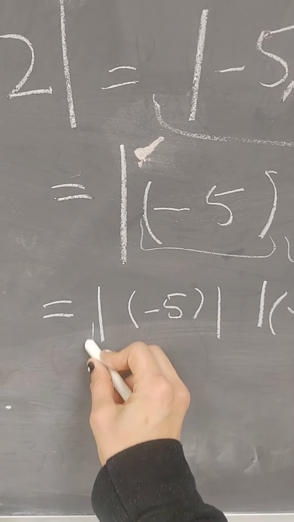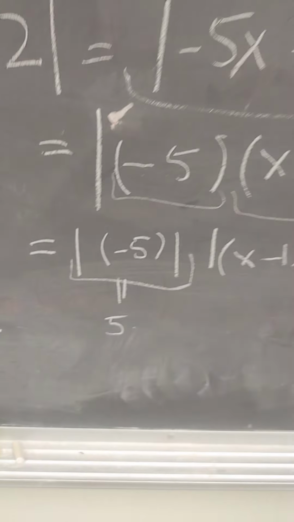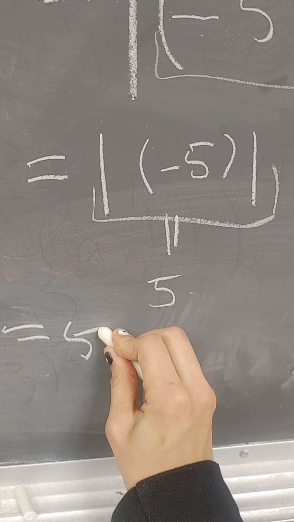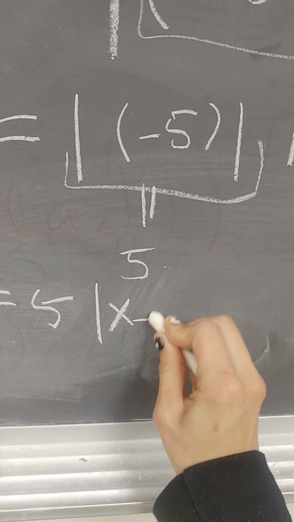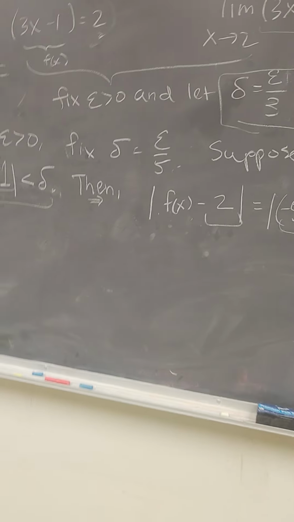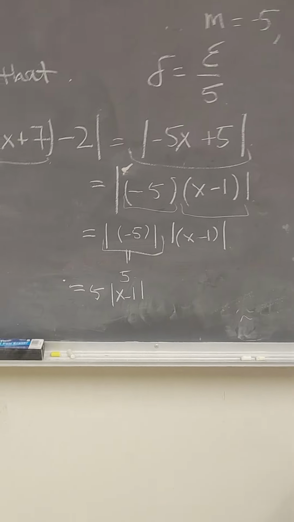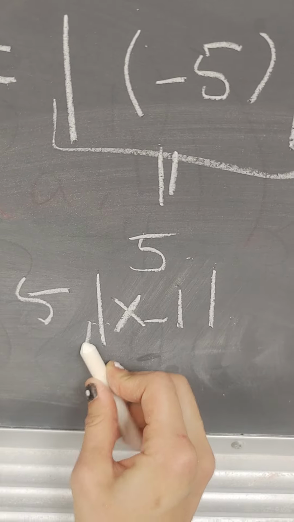And the absolute value of negative 5 is just equal to 5. And so this expression is equal to 5 times the absolute value of x minus 1. Okay, so that's a long line of equalities. All of these expressions are equal to one another, and now we have this x minus 1 here.